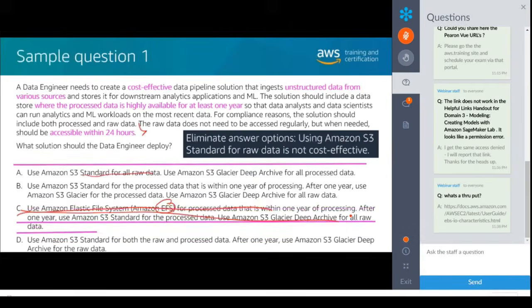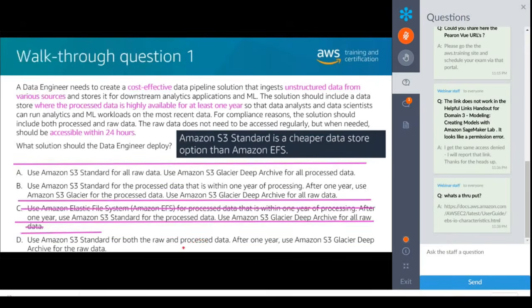And then that leaves us with B and D as options. And B, which is S3 standard for process data, is within 1 year processing. After 1 year, use Glacier. Whereas D is S3 standard for both raw and process data. So it seems to me like I would go. Standard is cheaper than EFS, so we got rid of EFS. Okay, so that's just kind of all over the place.